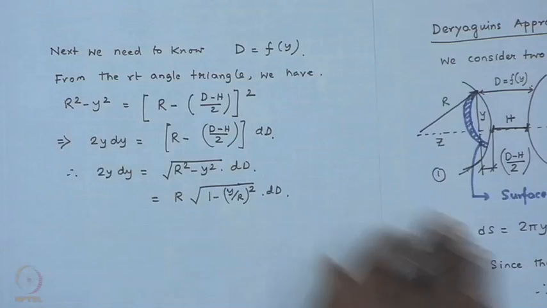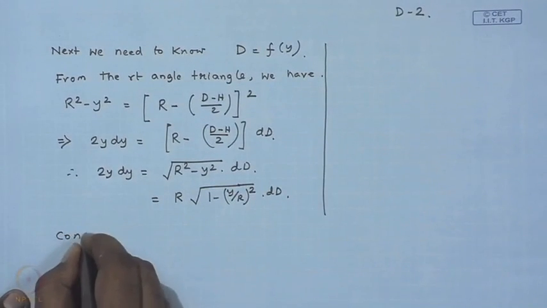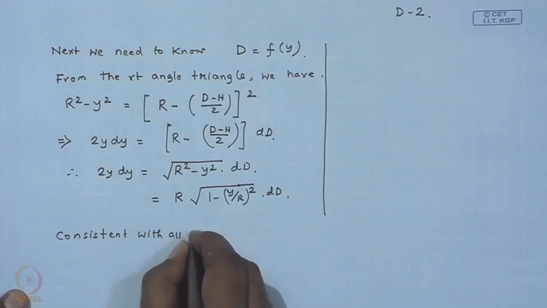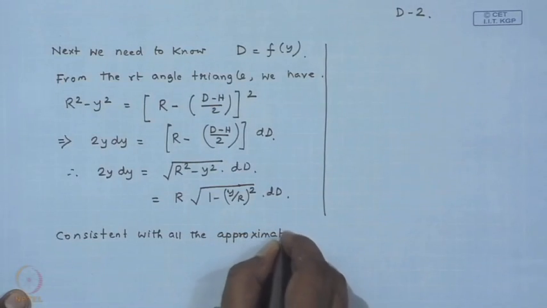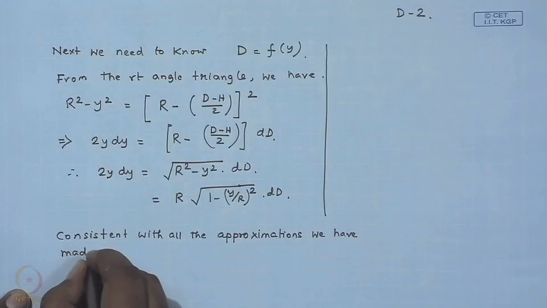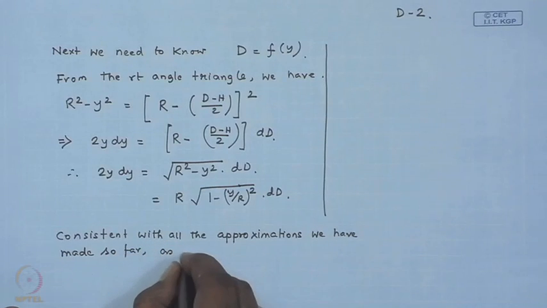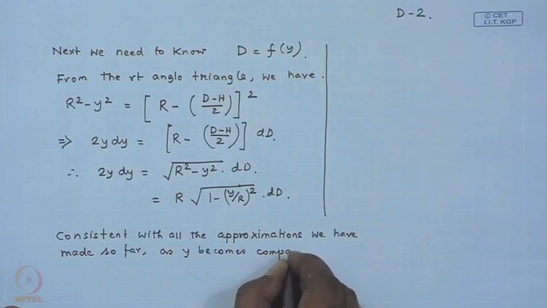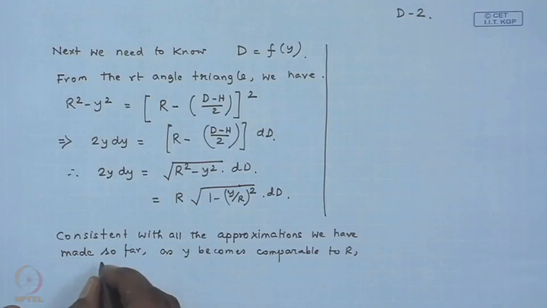Now, consistent with all the approximations we have made so far, as y becomes comparable to r, the energy of interaction decays.